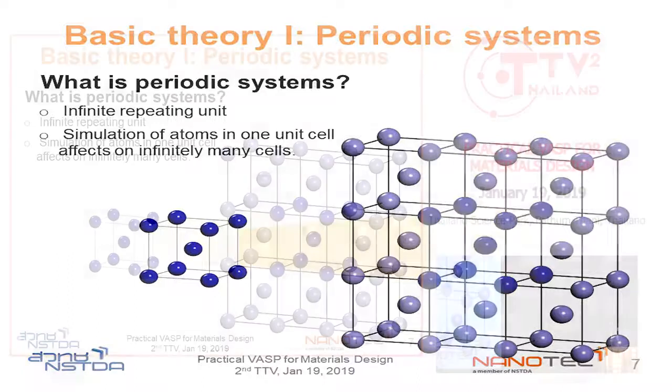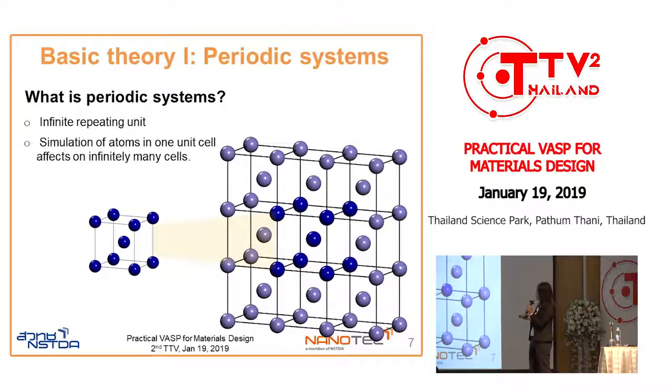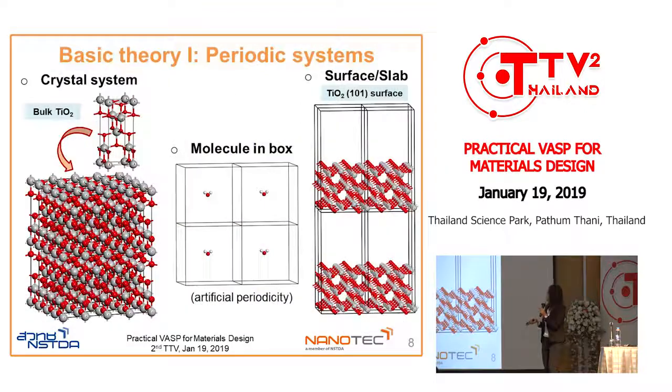And here is an example of the BCC crystal. If you extend it in the X, Y, and Z directions, you get the bulk structure of the BCC crystal structure.